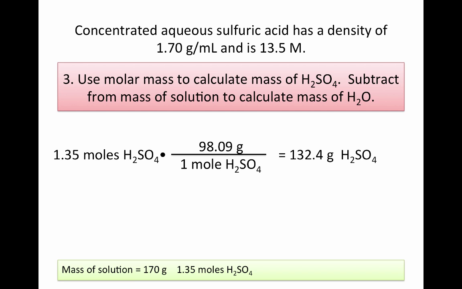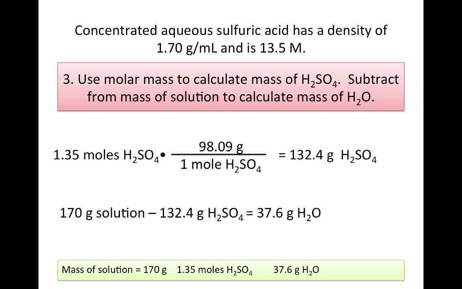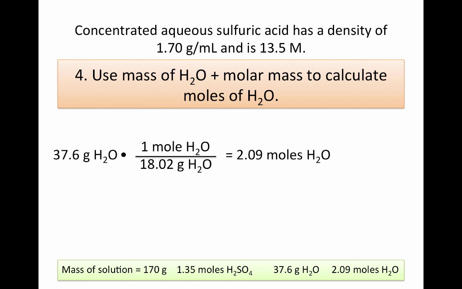We don't need to know the grams of sulfuric acid. We need to know how many grams of water do we have, or how many kilograms. Well, if we subtract the mass of sulfuric acid from the total mass of the solution, we find that we have 37.6 grams of water. So the last thing that we need to calculate is the number of moles of water.